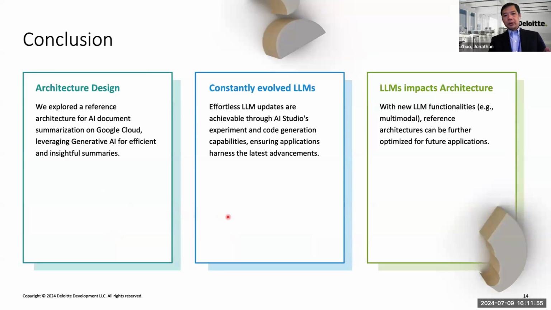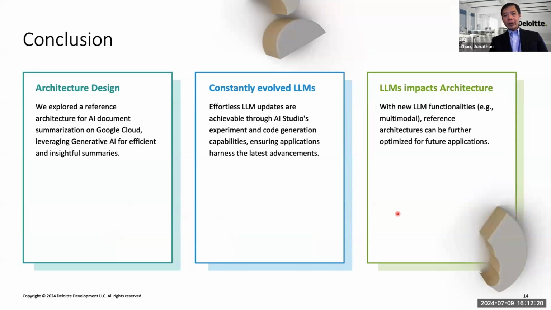Second, we talked about how to handle constantly evolved large language models. Effortless LLM upgrades can be achieved through AI Studio's experiment and code generation capabilities, and with ensuring application harness the latest advancements.